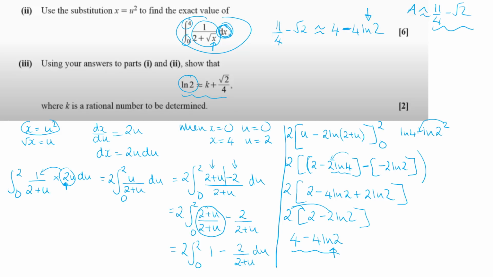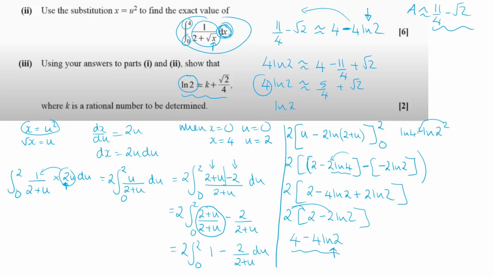So I can see it's a minus this side. I'm going to take that to that side and say 4 the ln of 2 is approximately equal to 4 minus 11 over 4 plus the root 2. 4 is 16 quarters minus 11 quarters is going to be 5 quarters plus root 2, and then all I need to do is divide by this 4.